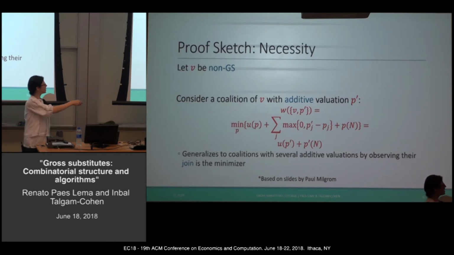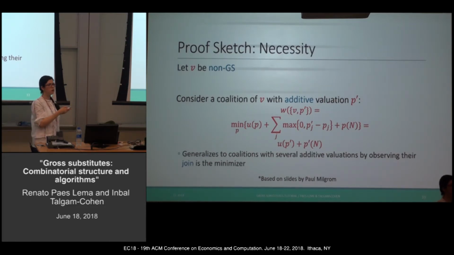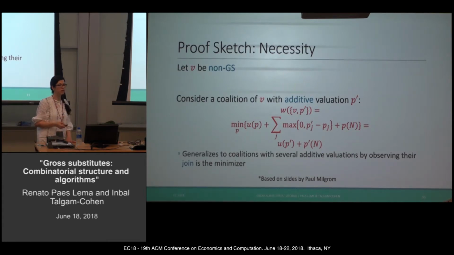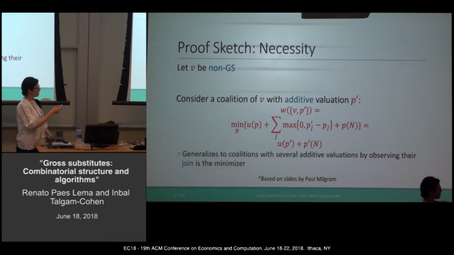And this actually generalizes to coalitions with several additive valuations. If you take the player with V and several players with additive valuations, the same thing holds if you take as the minimizing price the join of all of the additive valuations. Okay, so on the next slide, let's see how we use this.